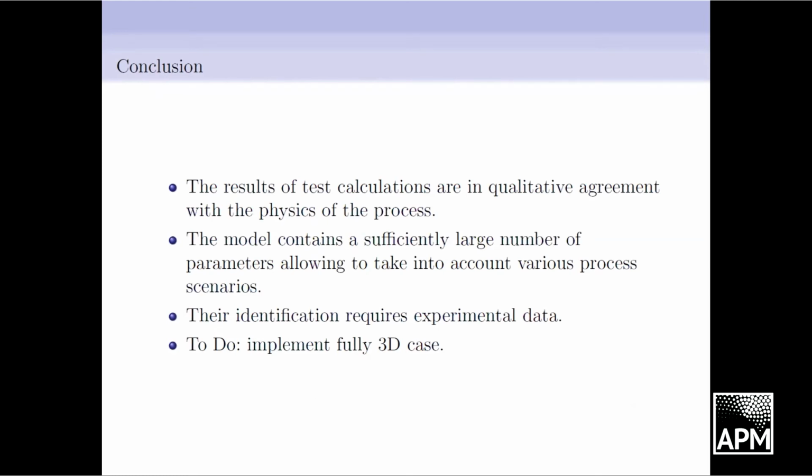For example, we can take into account the changing in time of the control forces, control moments, and we can take into account changing in time, layer by layer, the mechanical and viscoelastic features of the tissue in this biological system. And of course, in order to obtain more realistic results, it's important to identify these parameters.